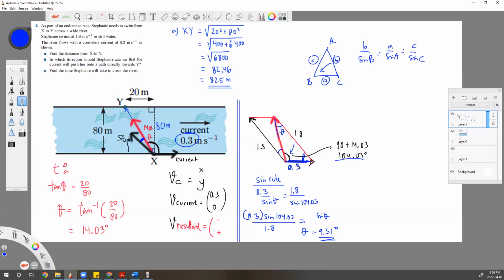We don't want to find this because it's not being asked. It has to be the resulting force, and we don't know the velocity yet. So just use the formula.